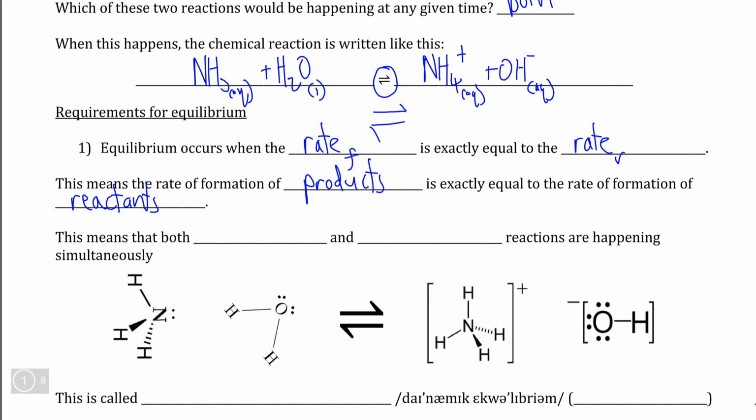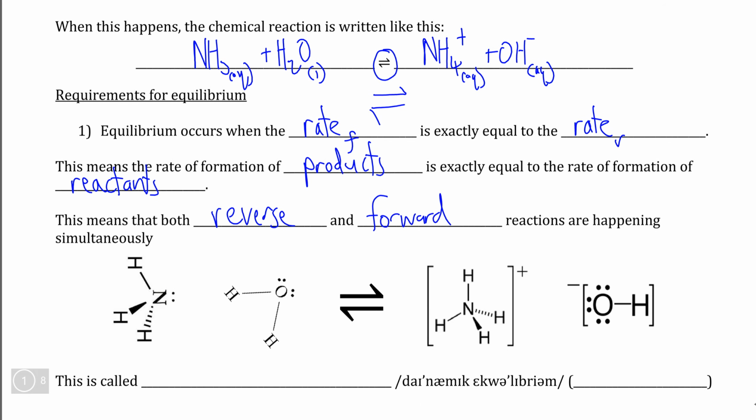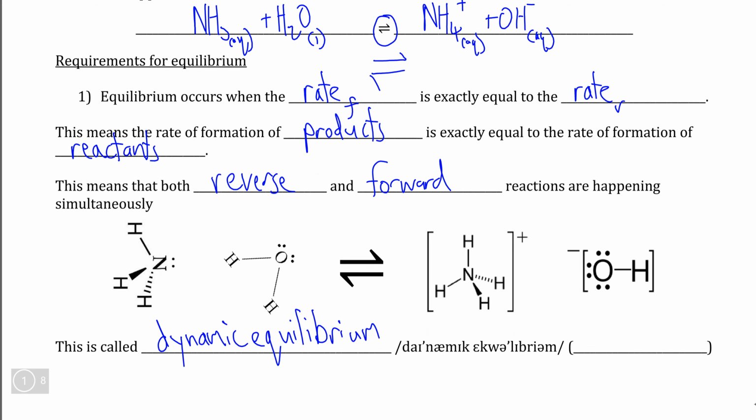This means that both the reverse reaction and the forward reaction are happening not only simultaneously, but at the same rate. And when we have achieved this situation, we have achieved what we call dynamic equilibrium. The next video will go over in a little bit more detail what exactly this means.